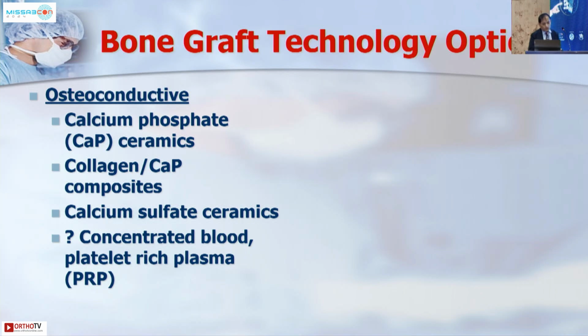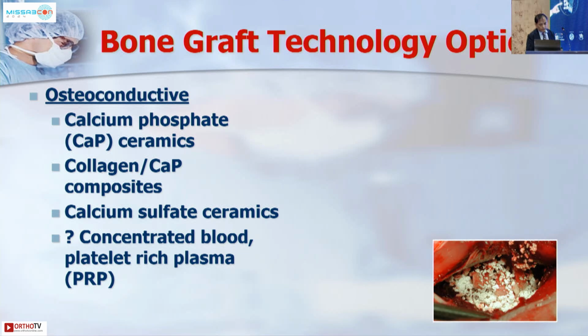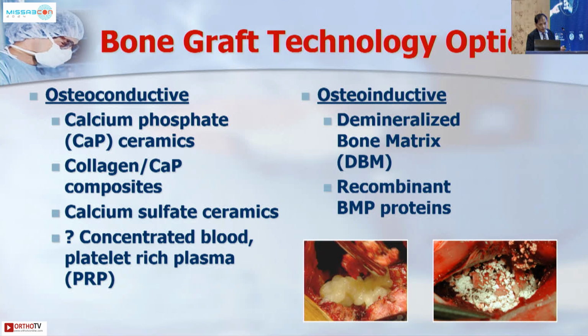So for osteoconductive, you can see the group of products, which can be calcium phosphate, collagen, and calcium sulfate ceramics, and concentrated blood, platelet-rich plasma. And in osteoinductive, you will have the DBM and the BMP.